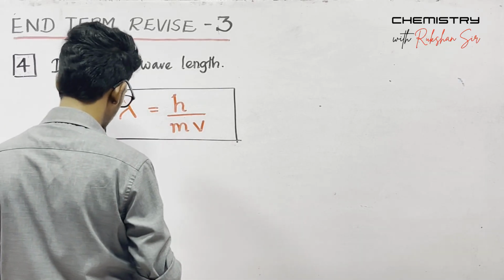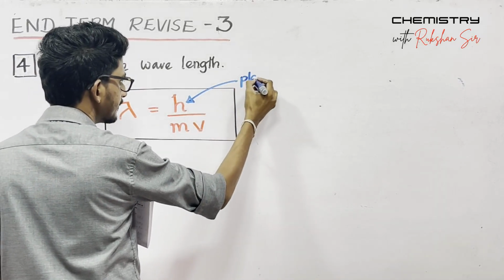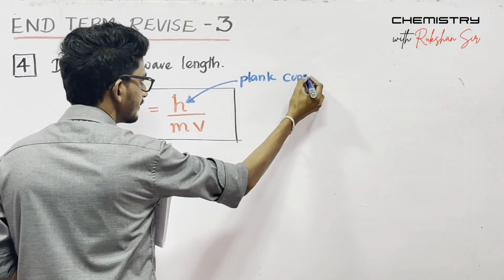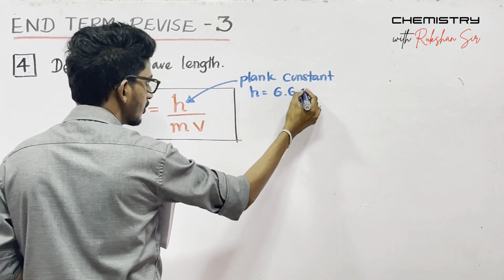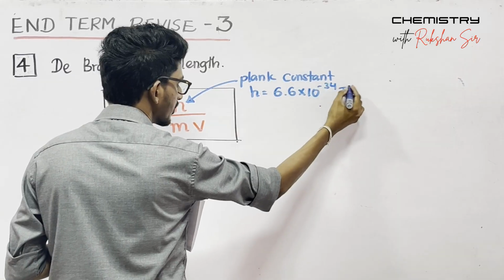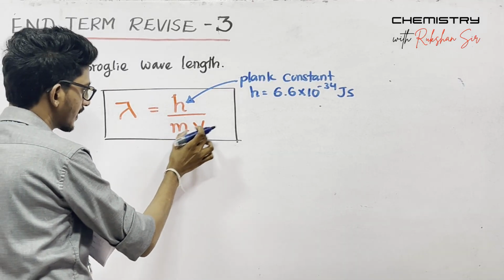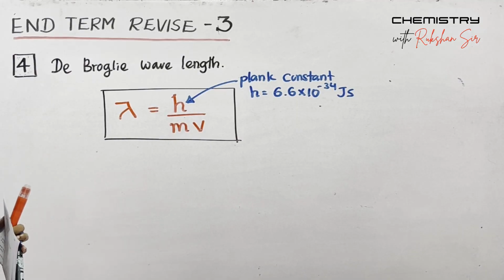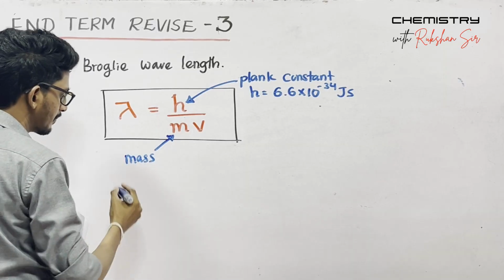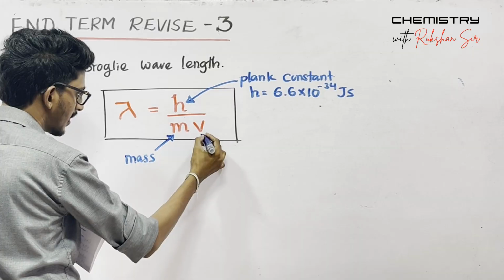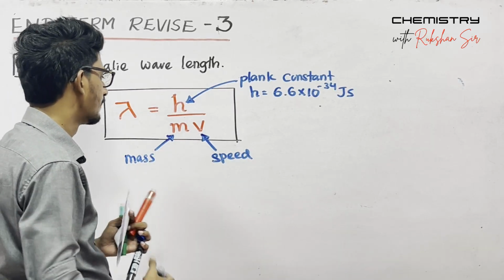And this one is a constant, the Planck constant. H is the Planck constant, always a constant value, equal to 6.6 into 10 to the power minus 34 joule seconds. So the de Broglie wavelength depends on the mass of the particle and the speed of the particle, which together can be referred to as the momentum.